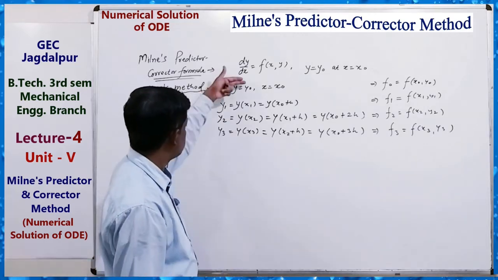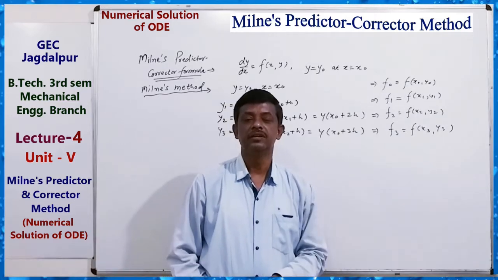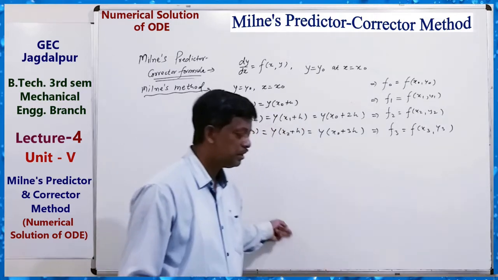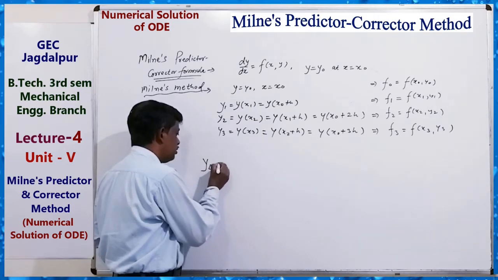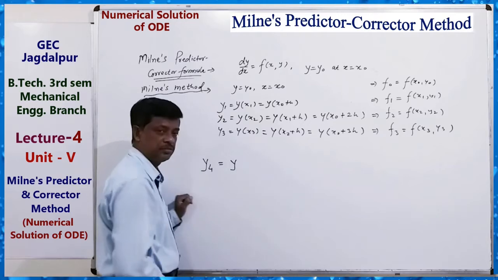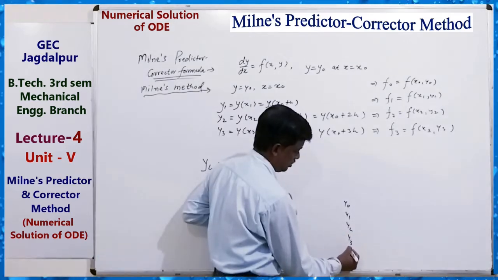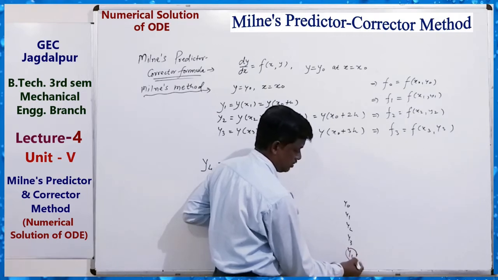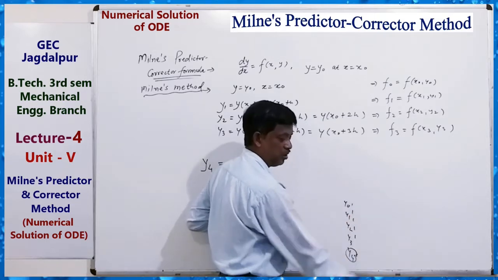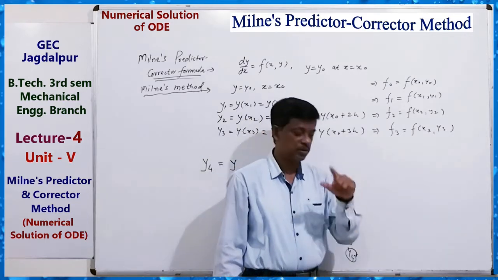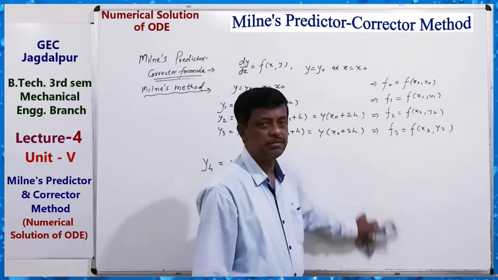We see that these values, y0, y1, y2, y3, are known, and we want to find the value at the next point, y4. So the forward interpolation formula, using forward differences, is used here. The derivation of the formula is not required here.